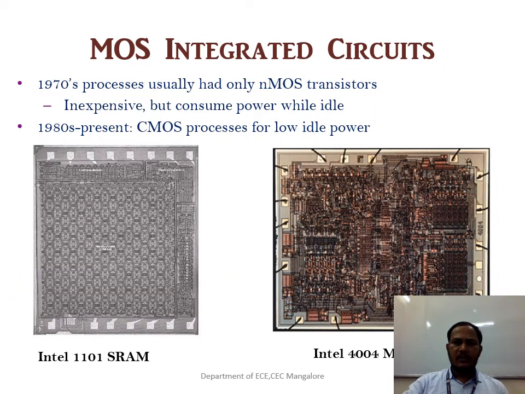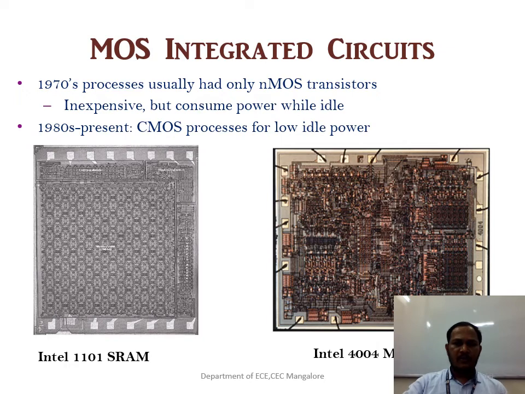In the 1970s, the first MOS transistor circuits were made by Intel. This is the structure of the Intel chip, which had NMOS transistors, SRAM, and this is the processor, a 4-bit processor.